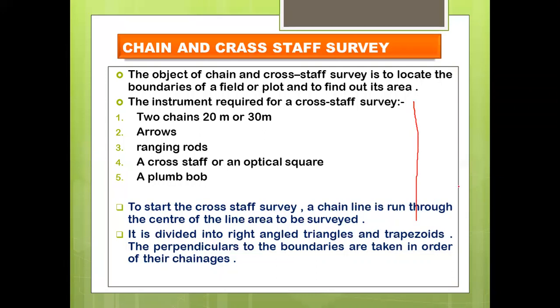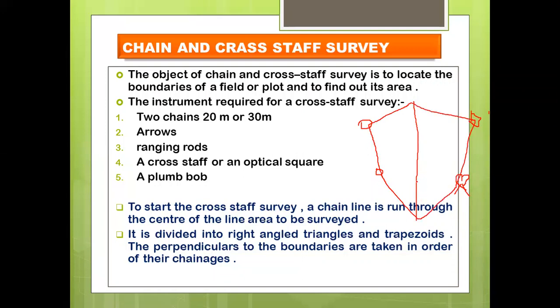Suppose here is a tree, here is a tree, then here is a building, here is an electric pole. I want to calculate the area between these. So how can I proceed further?